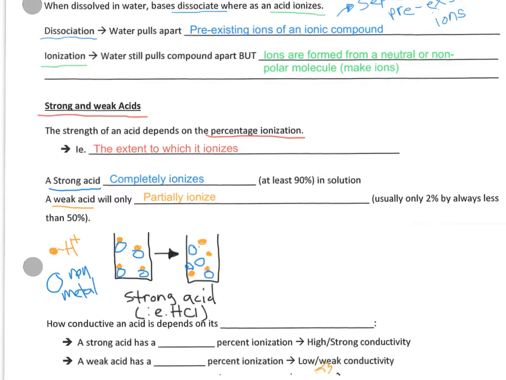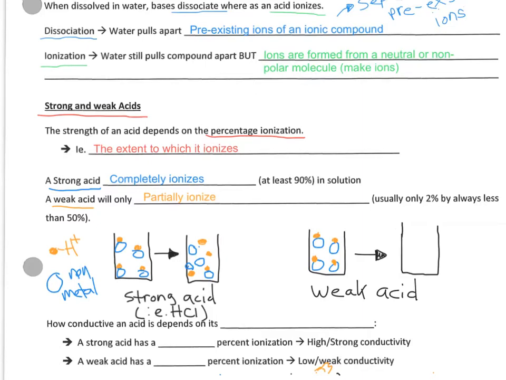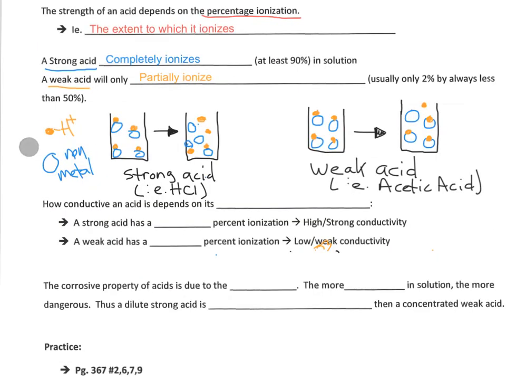When the strong acid dissolves in water, it looks like this. Most of the hydrogens and the other nonmetals have broken apart, so they've almost completely ionized, except for this one piece right here. It's not 100%, but it's close. If we did the same thing for a weak acid, we would have only partial ionization, and it would look something like this. Only one of the compounds has broken apart. An example of this weak acid would be acetic acid.